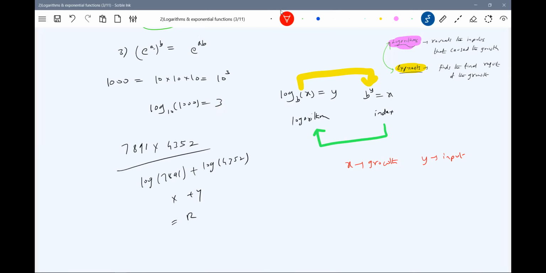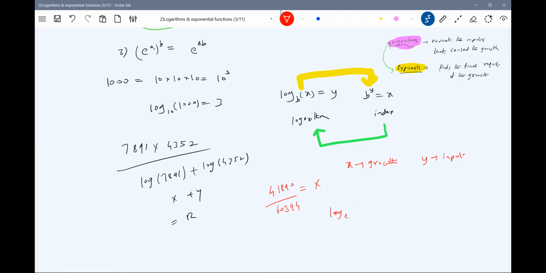Suppose the output of one of the machines is 41890, and another machine gives 6390. I want the final X to be the division of these two. I don't have machines which perform this division operation, so I'll go for the logarithm.